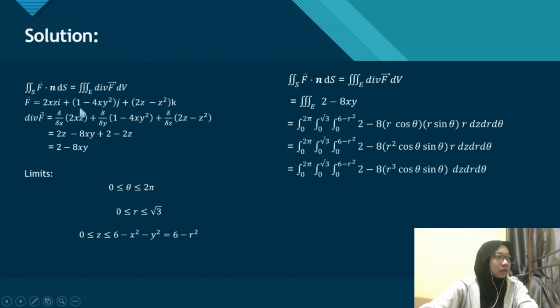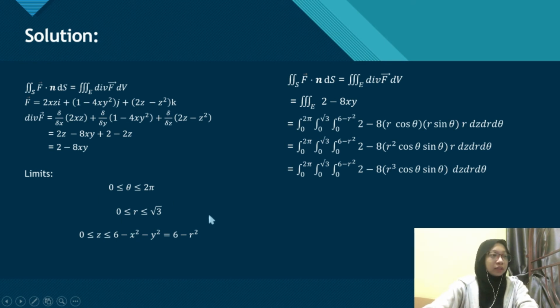It is the dot product between vector field F and the partial derivatives with respect to x, y, and z. I got 2z minus 8xy plus 2 minus 2z, and 2z minus 2z is equal to 0. So the answer is 2 minus 8xy.